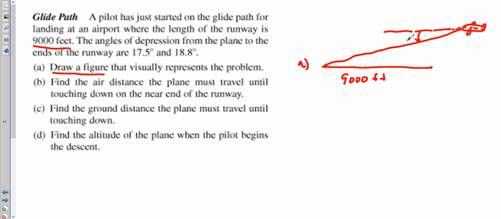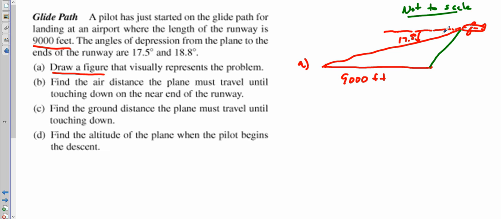That angle of depression, one of them is going to be 17.5 degrees. This is probably going to be the smaller one. And then there's going to be another one right here. Obviously these are not drawn to scale. Just remember that this is not to scale.